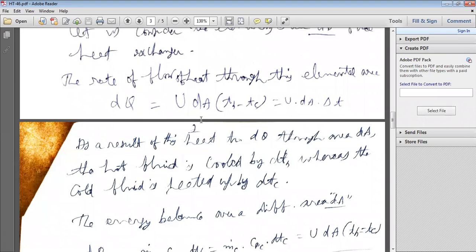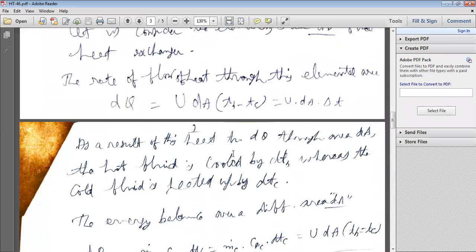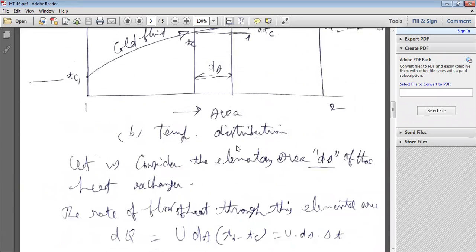As a result of this heat transfer dq, this is q only, not theta, through the small area dA, the hot fluid is cooled by dTH.